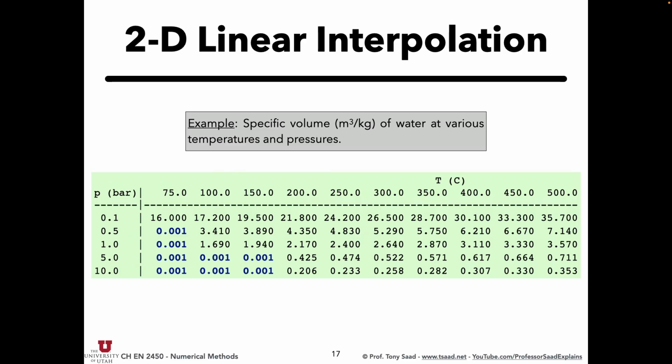So here's a 2-dimensional example, specific volume, which is the inverse of the density, how many cubic meters you can pack in a kilogram of material, as a function of temperature and pressure. So this is 2-dimensional data. And then you have combinations of temperatures and pressures, and you get different specific volumes. And then you might ask, okay, I want the specific volume at a temperature of 175 and a pressure of 0.75 bar. What do you do here?